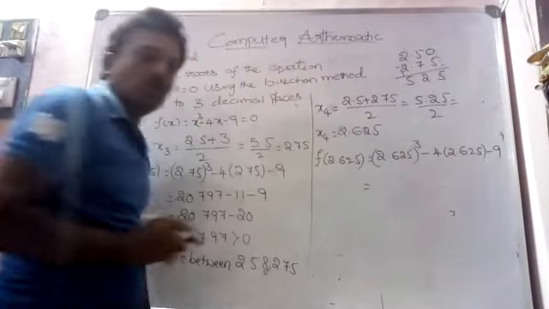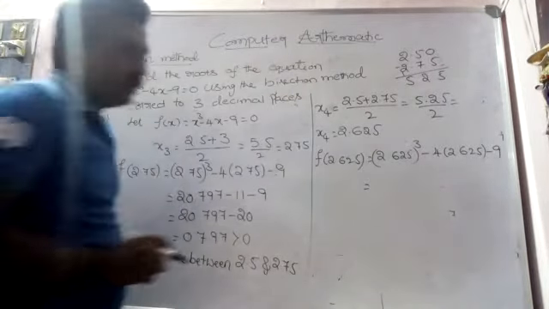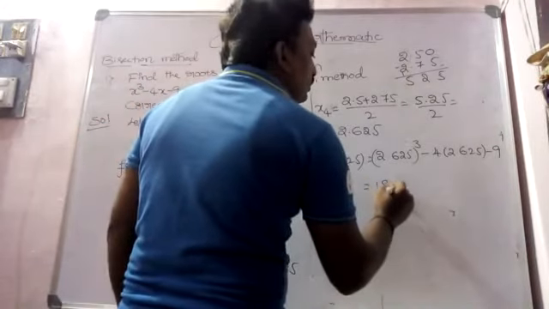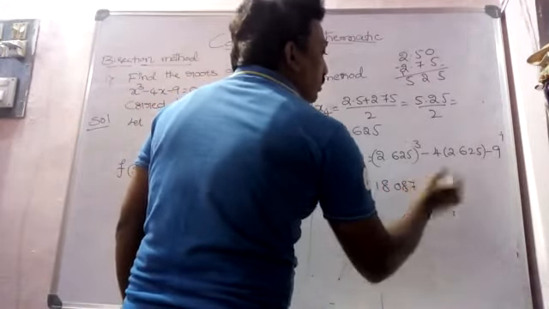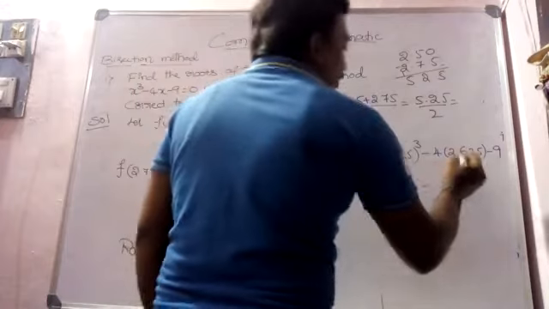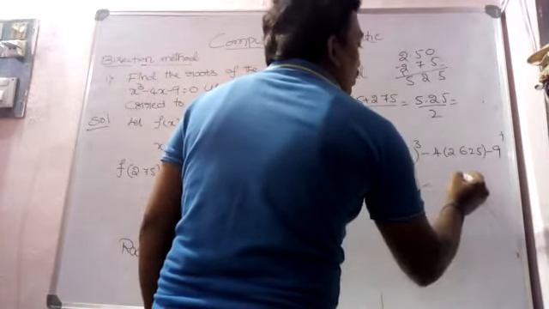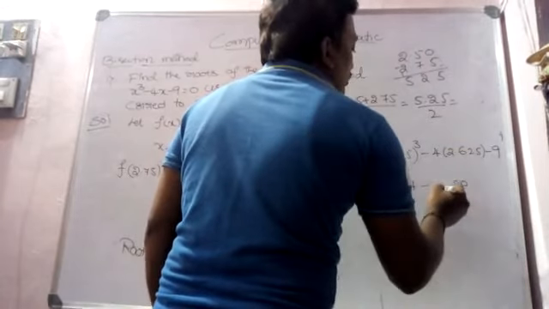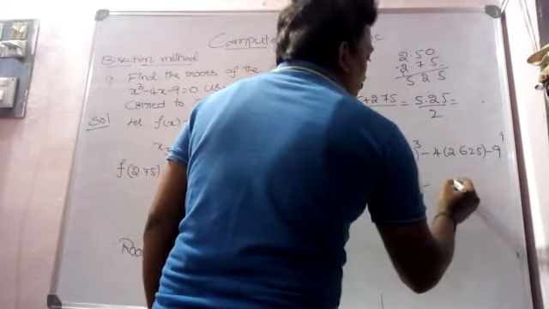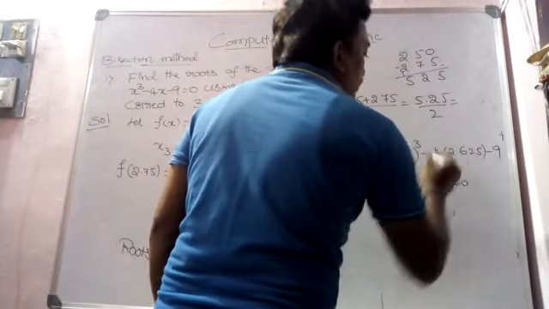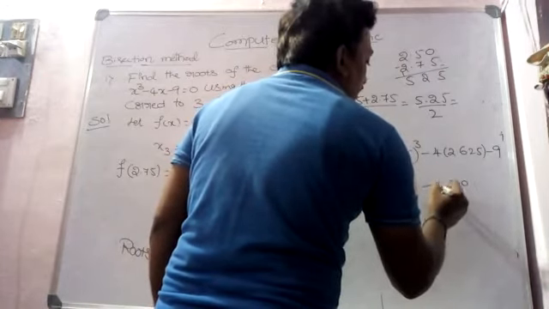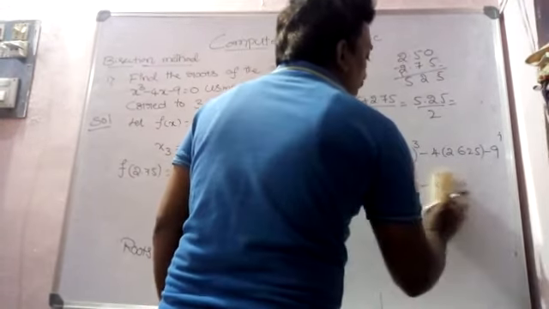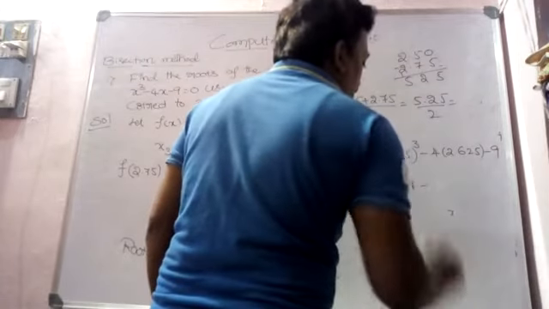That equals 2.625 whole cube, 18.087 minus 4 5 is 20, 4 2 is 8, 10, 4 is 24, 25 point, 4 2 is 8, 10, 10.5. Okay, so that value is 10.5.